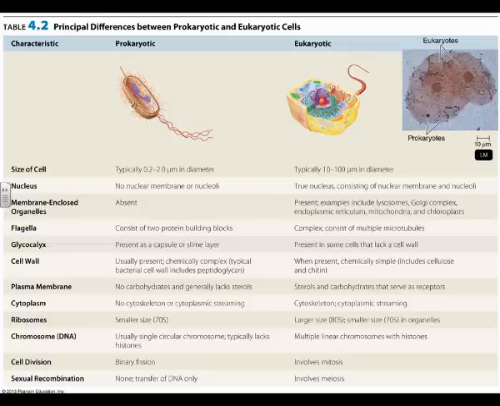These structures, as far as the cytoskeleton of the eukaryotic cells goes, help determine the shape when they don't have a cell wall to determine a shape.